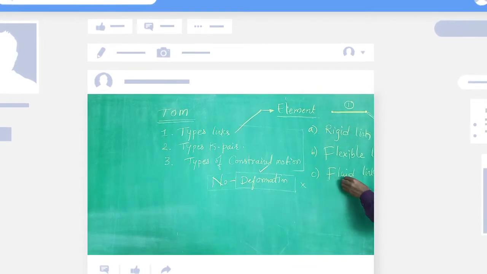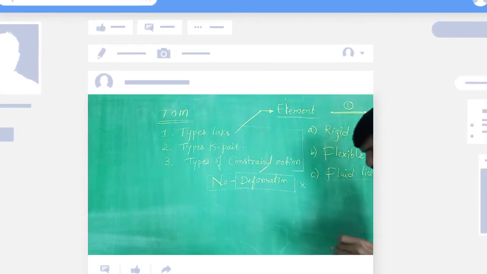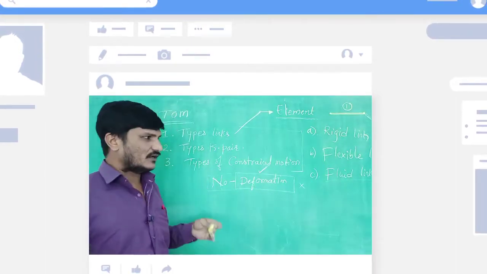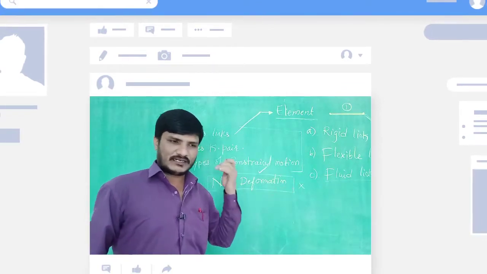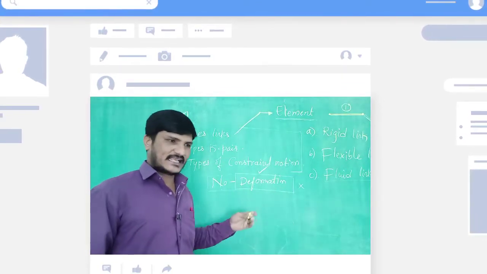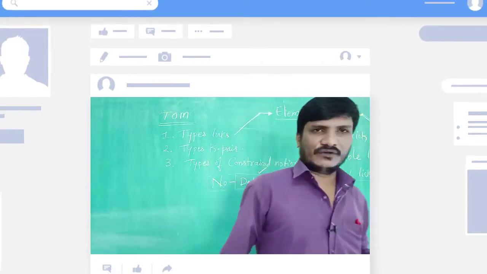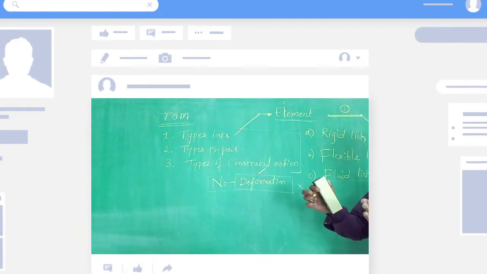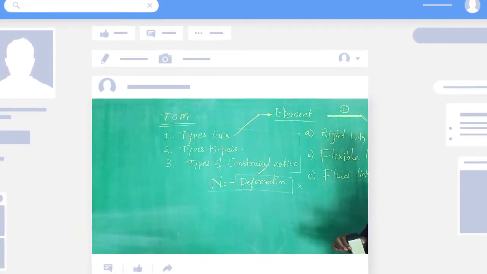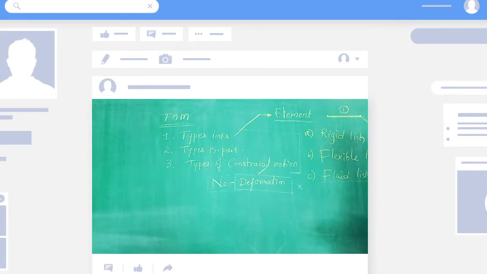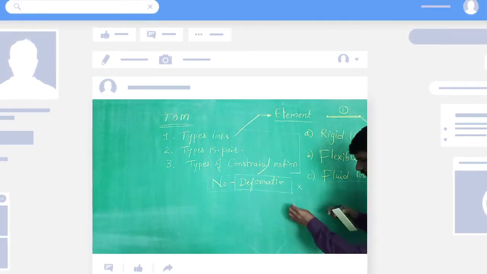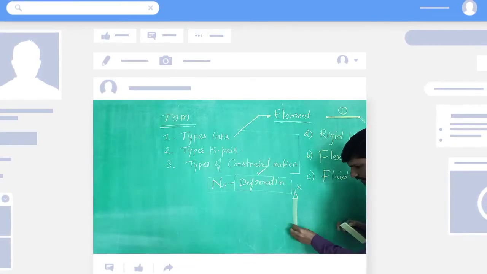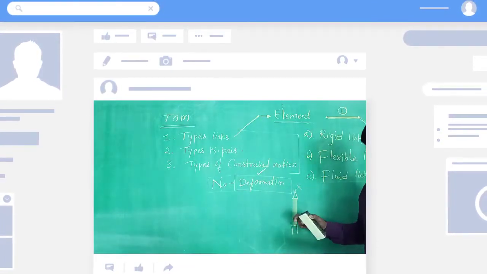And the third one is the fluid link. In some cases fluid acts as one element, used to transmit power from one place to another, or it acts as a connection between one element and another. Suppose you take hydraulic pressure: with the help of fluid it gives pressure, and the piston gives the motion.